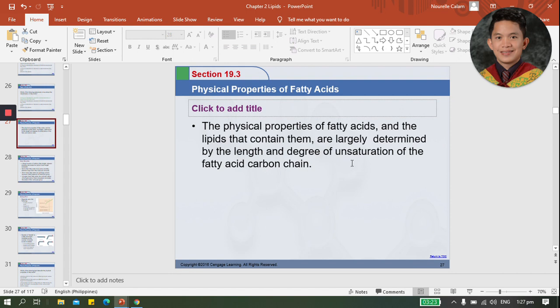Subot pa sabot, ang physical properties daw of fatty acids depend on the length, ang katasun sa iyang chain, which is determined by the number of carbon atoms present in the chain, and the degree of unsaturation, meaning pila ka buok double bonds present within the fatty acid carbon chain.